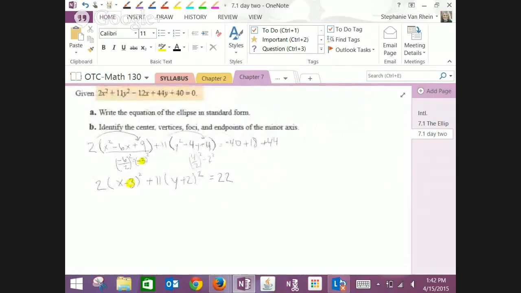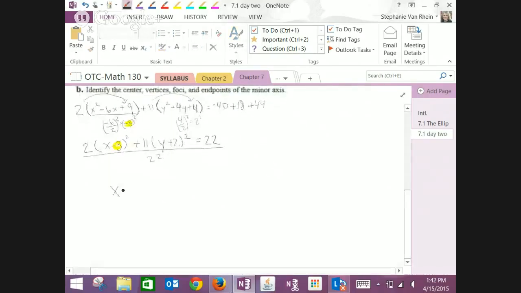So what is my last step here to get it into true standard form? I divide everything by 22, right? So 2 divided by 22 is 1/11. 11 divided by 22 is 1/2. And 22 over 22 is 1.